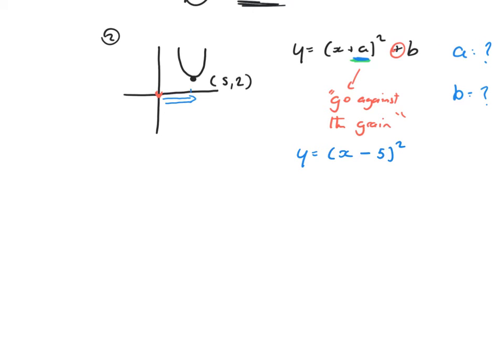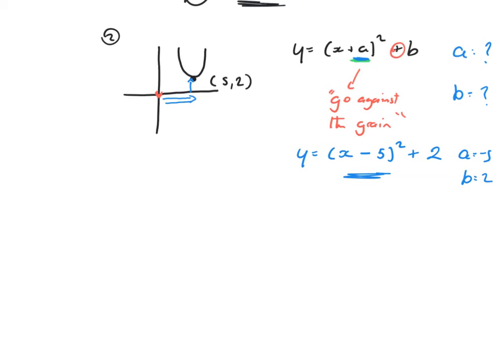Now we then move 2 units up, so 2 units in the positive direction. This time we're going to think intuitively of that one, which is that you're going up plus 2. So a was minus 5, b was 2, final answer y equals (x minus 5) all squared plus 2.